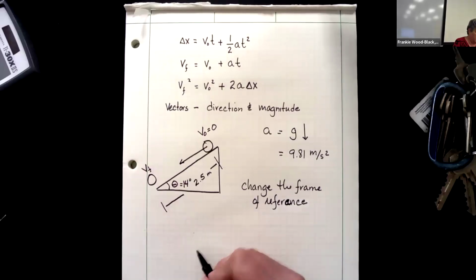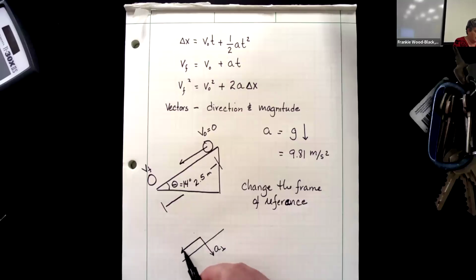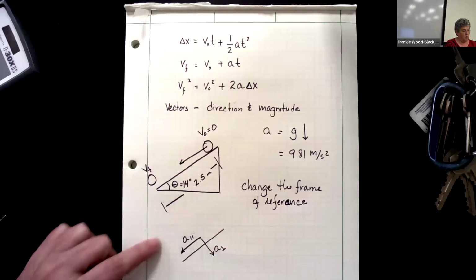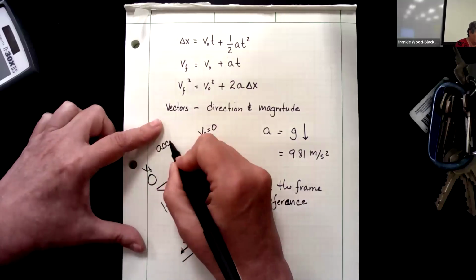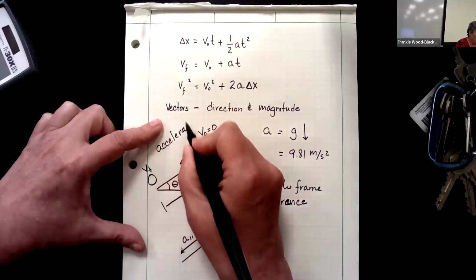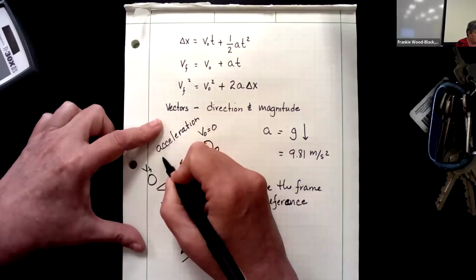So what we want to do is change our frame of reference here. I will have a part of my acceleration due to gravity that's perpendicular to my plane, and I will have a part that is parallel to my plane. And what we need is the acceleration that is parallel to the plane.